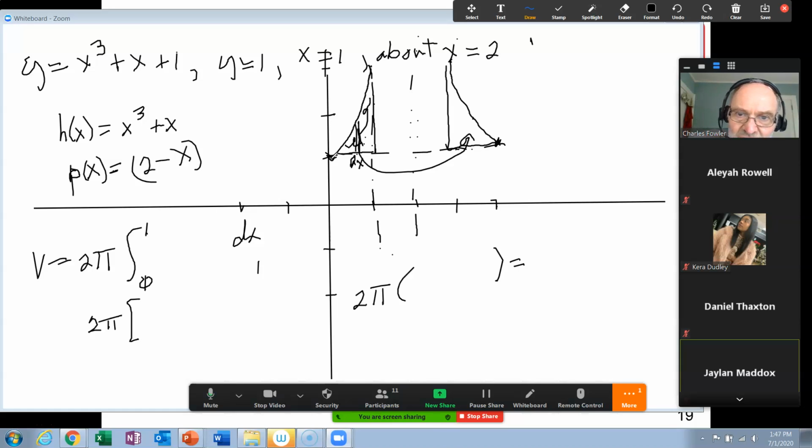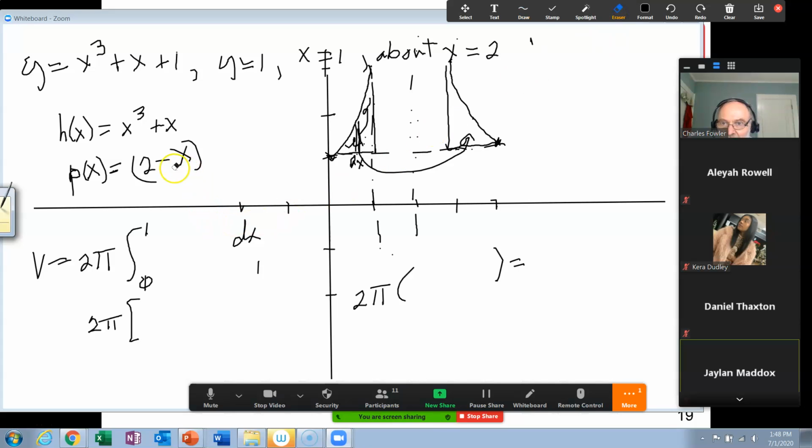Okay. It's 2 minus, I think it's 2 minus 1 minus x, which is rather strange. It's 2 minus 1 minus x. So again, get out the eraser. Let's do a little more reasoning here.